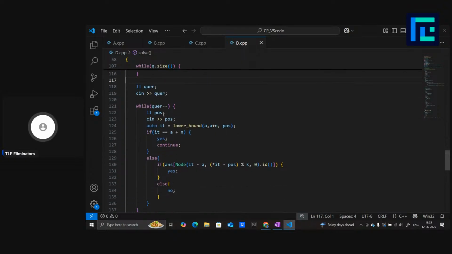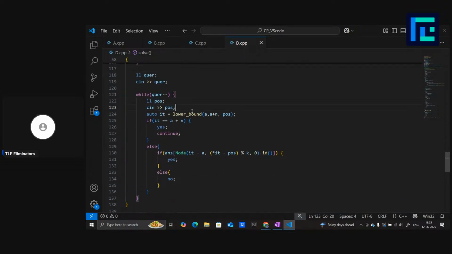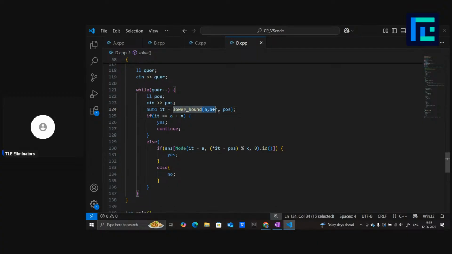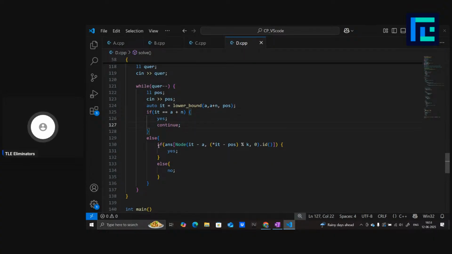And then I handle the queries. In the queries, I have int pos, and the iterator it equals lower bound of a plus 1 pos. So I just find the next light bulb after it, and if it is a dot end, that means there is no light bulb after this, so it will print yes, because we are already at the end. Otherwise, we find the answer of the next one.